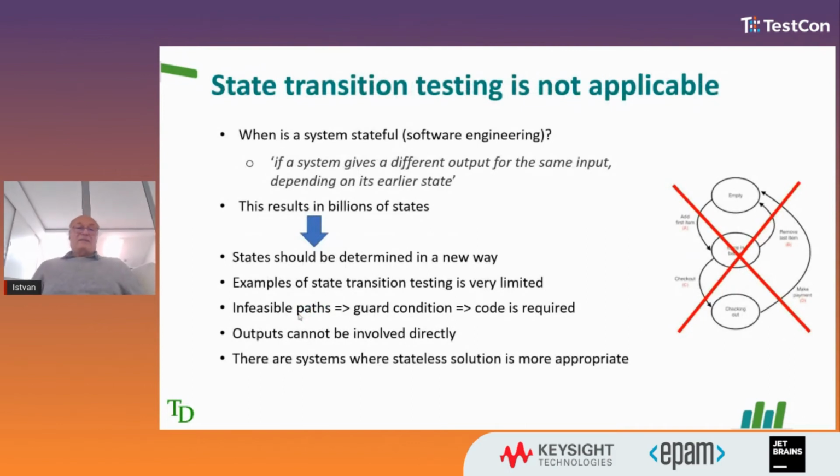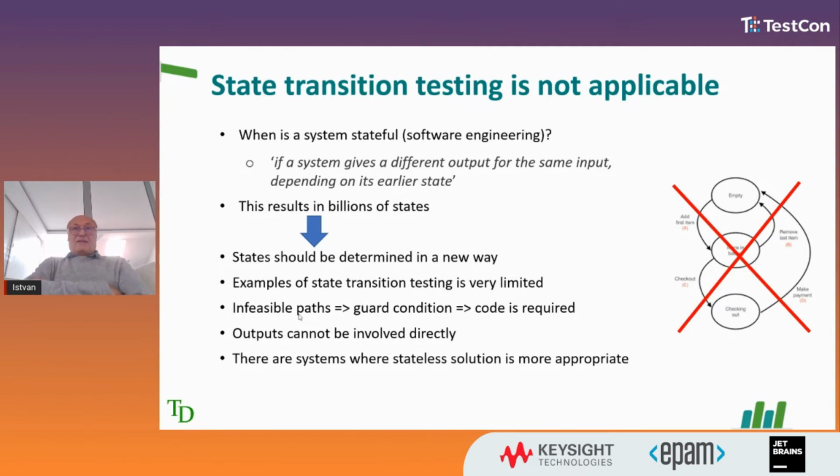An easy solution would be to use state transition testing, but it turned out that it's not applicable. If you are surfing on the net asking when is a system stateful, then the original software engineering answer is that a system gives a different output for the same input, depending on its earlier state.